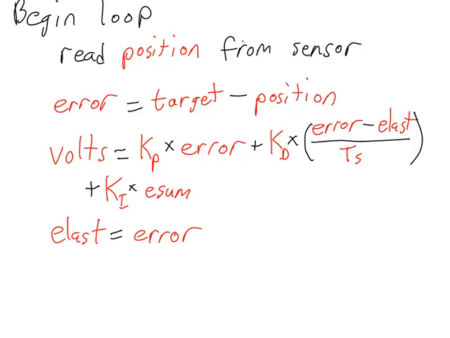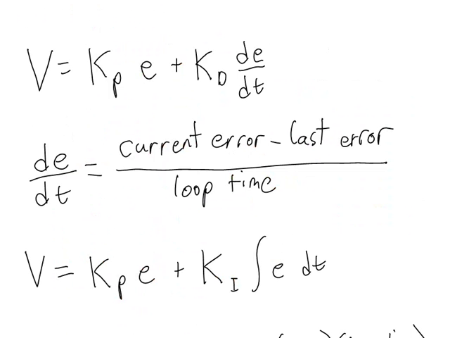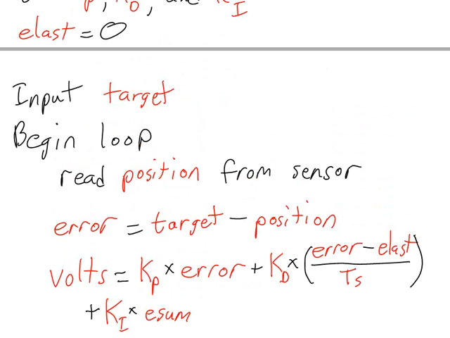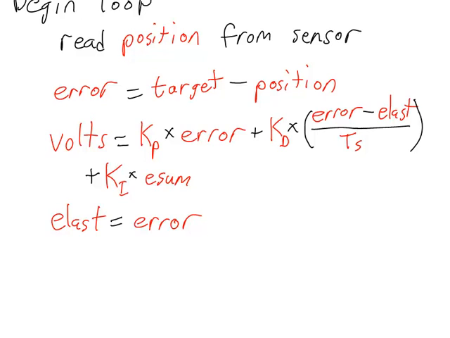We have to do a similar thing to get E sum. In the beginning of the code, we need to initialize eSum. And then, each time through the loop, we need to calculate it.